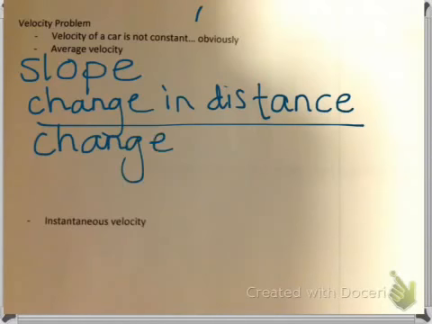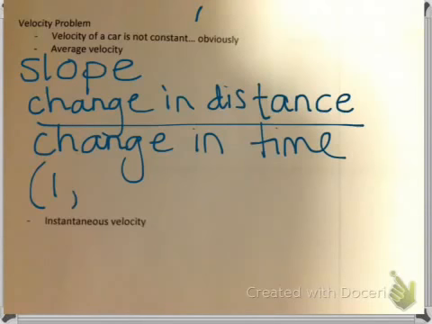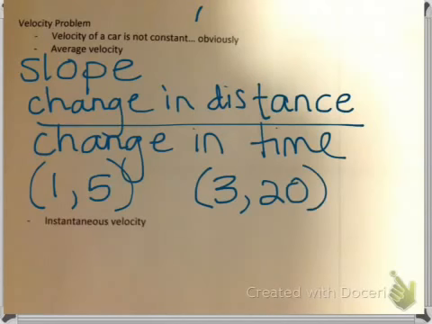I would have 2 different points. I'd say after 1 second, I've gone, let's say, 5 meters, and after 3 seconds, I've gone 20 meters. How would I find my average velocity? I would just find the slope between those 2 points, 20 minus 5 over 3 minus 1.